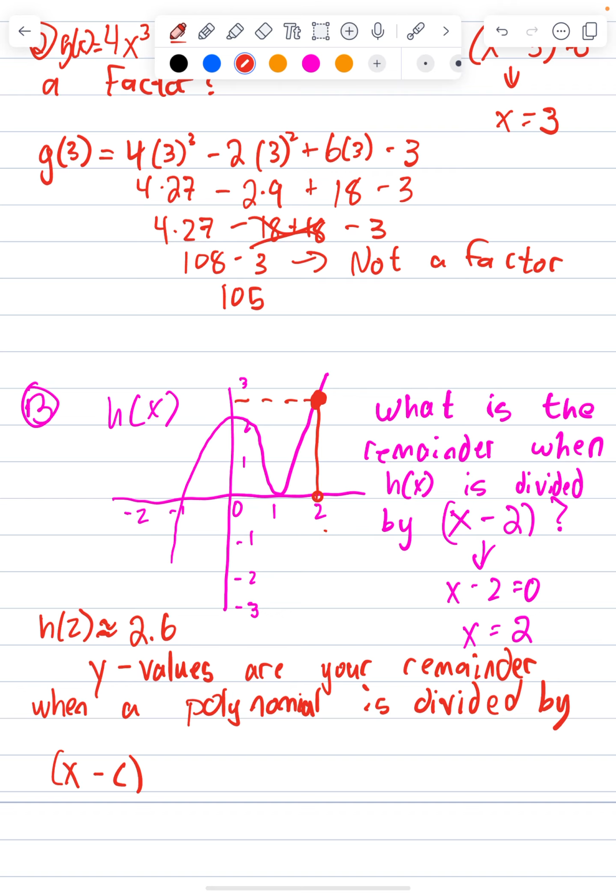So if it gives you a graph and asks what the remainder is when divided by x minus 2, you find the zero, and you say what the remainder is.